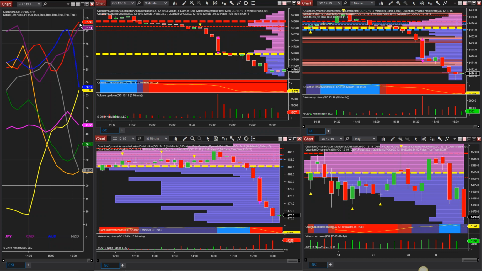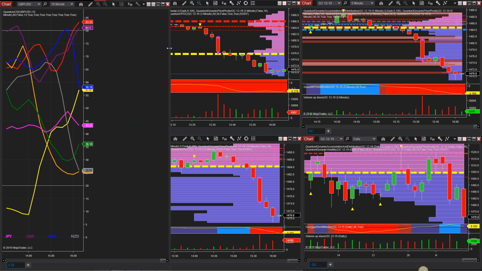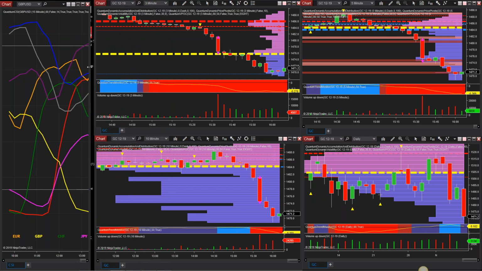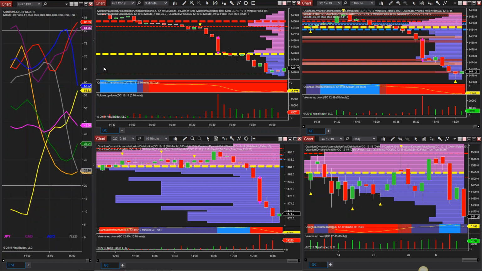If this dollar gets up into very overbought, which it is at the moment, starting to move into that region, if you start to see that rolling over on the particular time frame that you're trading, then that may certainly be one signal of several that will give you a heads up as to possibly it's time to bank what you have and get out and wait for the next move to develop.